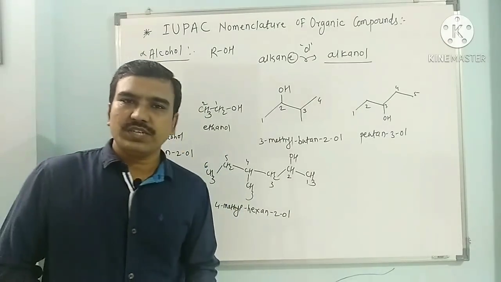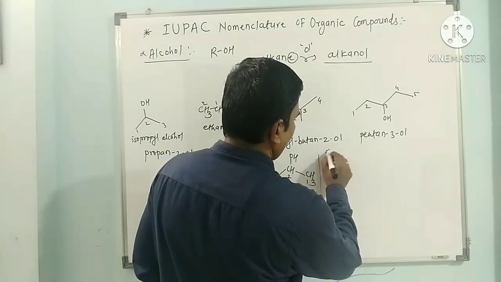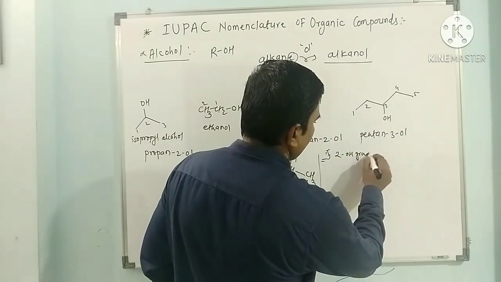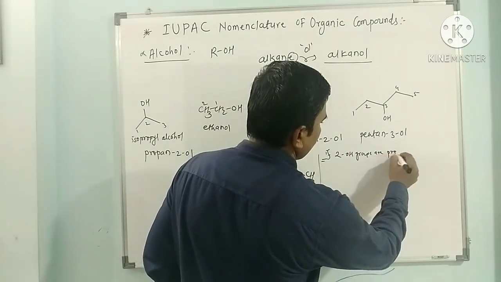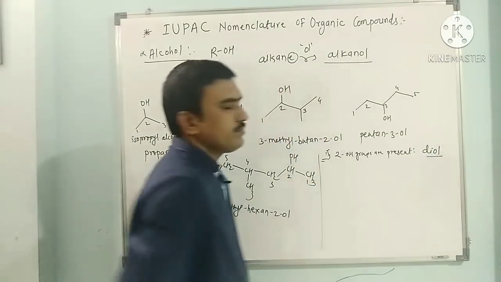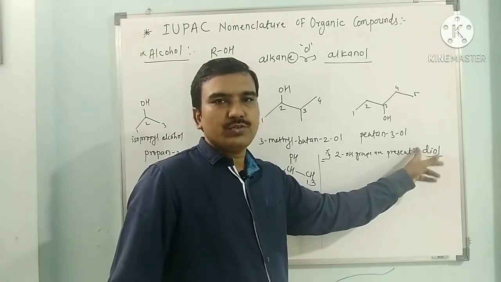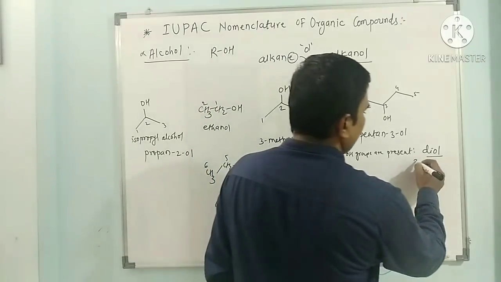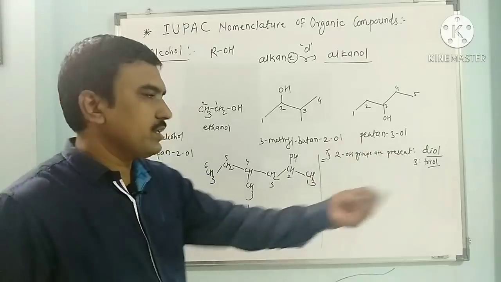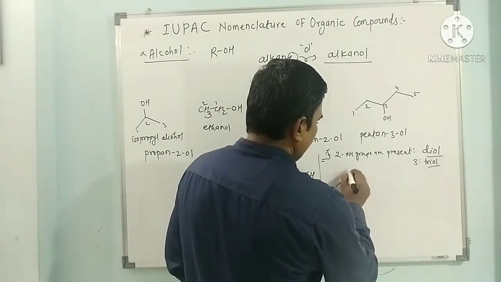If 2 OH groups are there, then it is called a diol. Before that, mention the position of the carbons where the 2 OH groups are attached. If 3 are there, then it is called a triol: diol, triol. So in this way we can name.